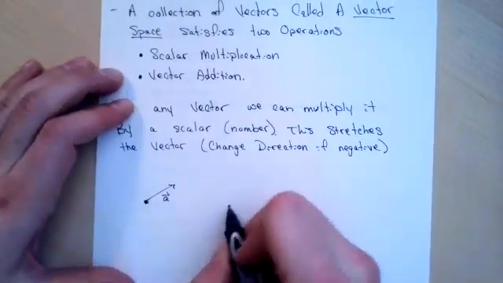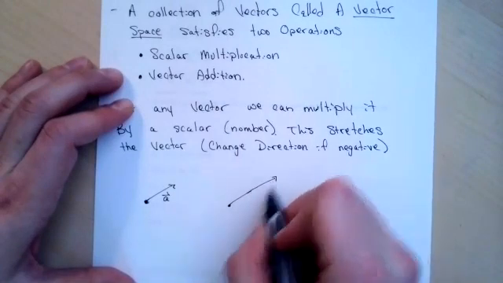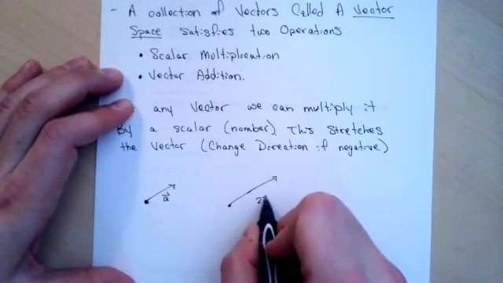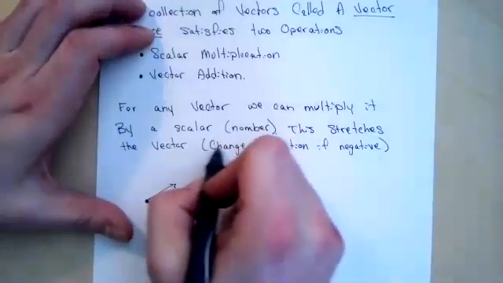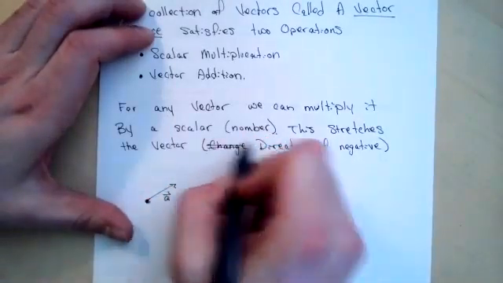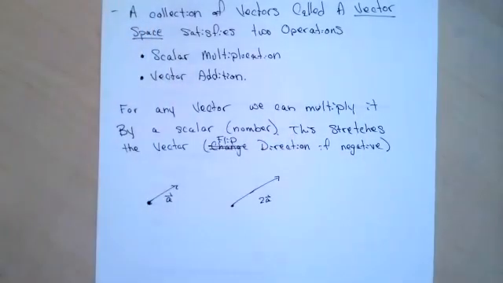So if I want to draw the vector 2A, it's going to take the vector A and, to be a little more specific, let's not say change the direction, but flip the direction. So just going in the exact opposite direction.